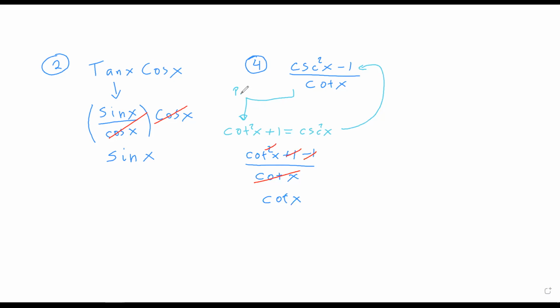So this would be path number 1. Now let's see what happens if we take path number 2, just to try another way of doing it.